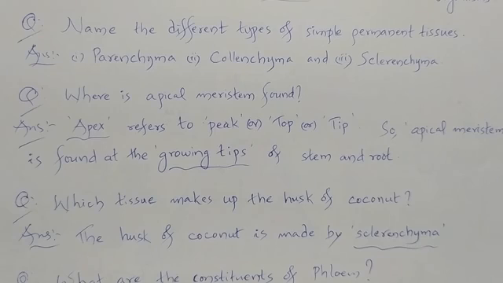So, which tissue is present in the husk of coconut? Sclerenchyma. The husk of coconut contains sclerenchyma.